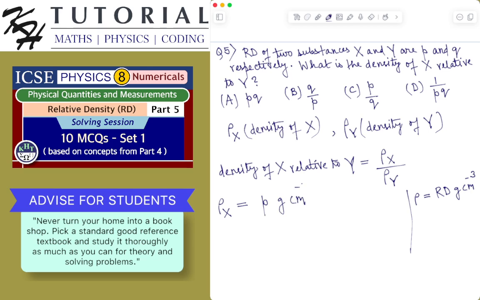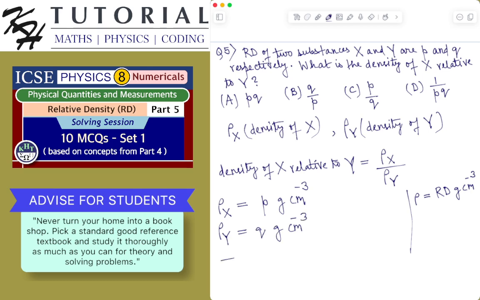Since the relative density of X is given to be P, the density of X is P gram per centimeter cube. Similarly, the density of Y will be Q gram per centimeter cube.